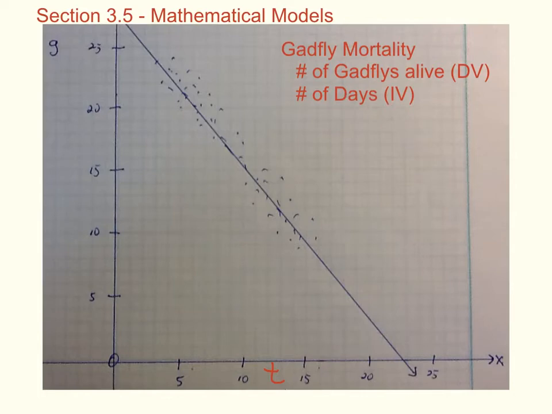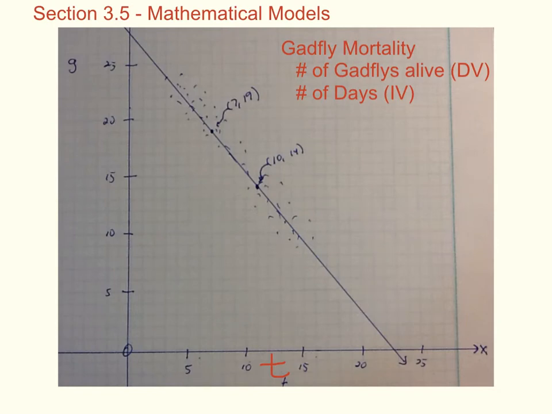Now, there is actually a mathematical formula to find the line of best fit, and it's basically a least squares type formula. But what will be good enough for us right now is we will draw a line, and you see I've drawn a line that basically has half of the points above the line and roughly half of the points below the line. And we will extend that to both the x-axis and the y-axis.